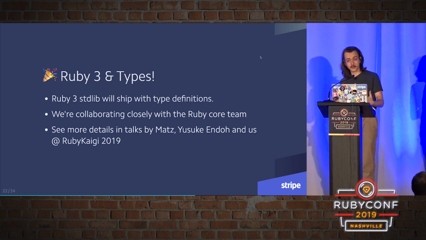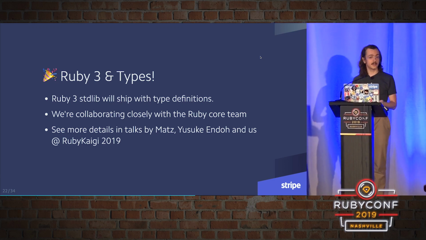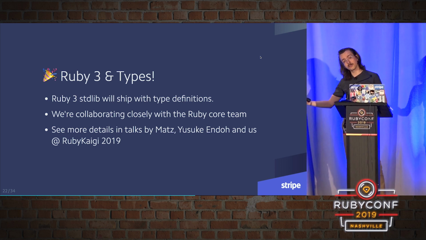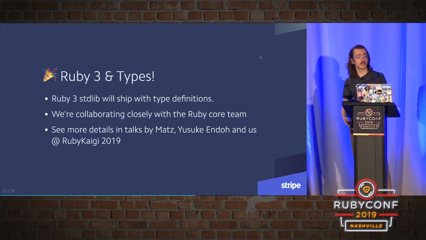This has been an ongoing, very successful collaboration where creators of other type checkers, Steep, RDL, us, and the biggest user of the type checker other than Stripe, Shopify, are having active discussions about how we evolve the Ruby usage of types, how we make it be Ruby and get the benefits that typed languages normally get.